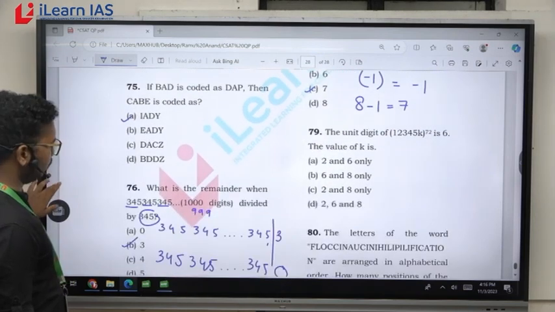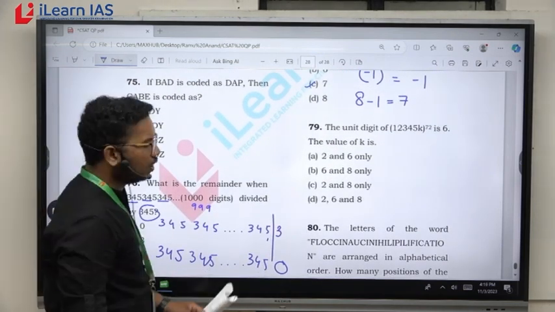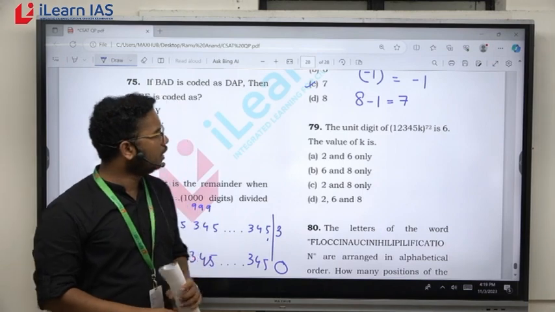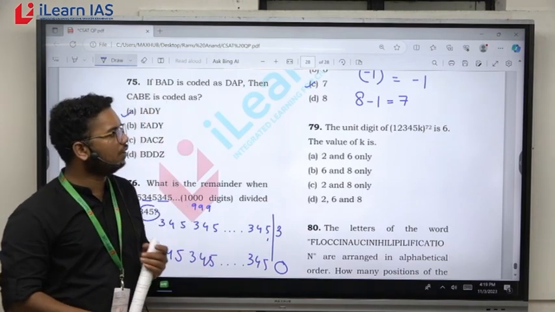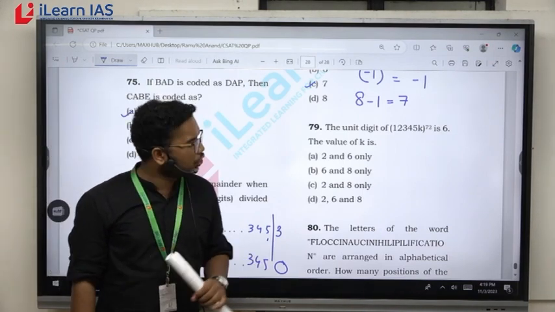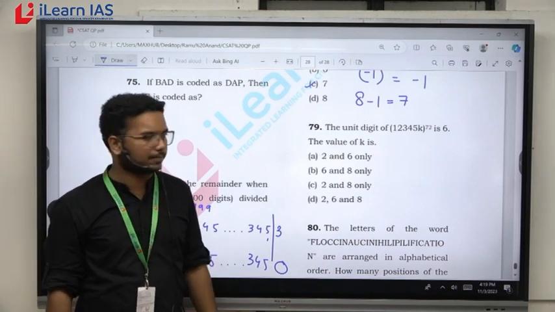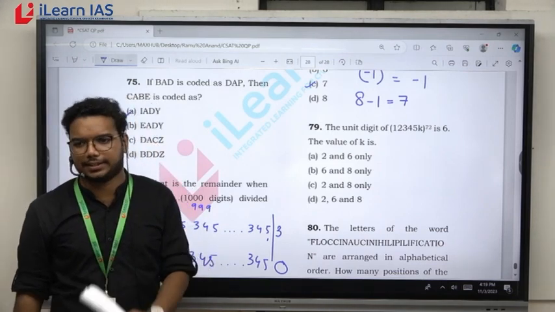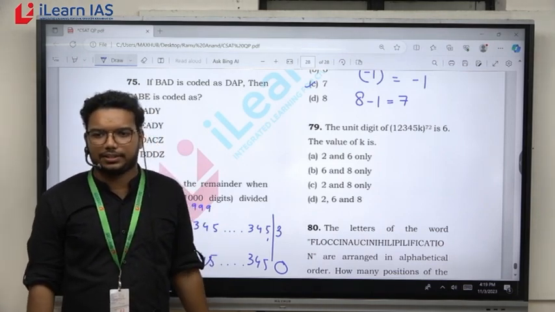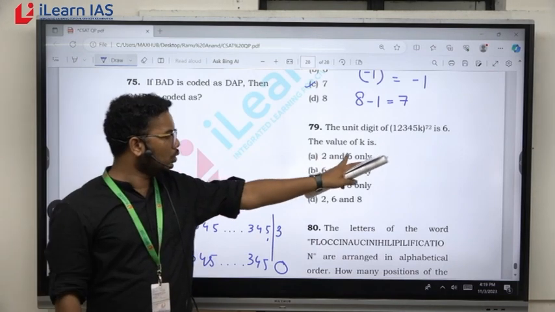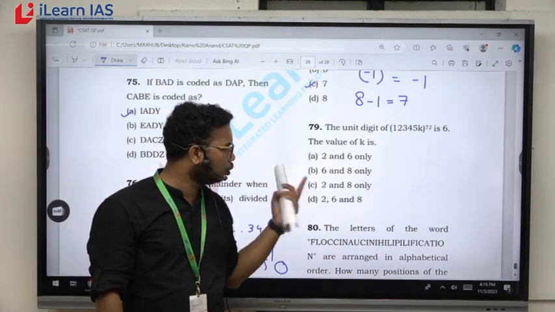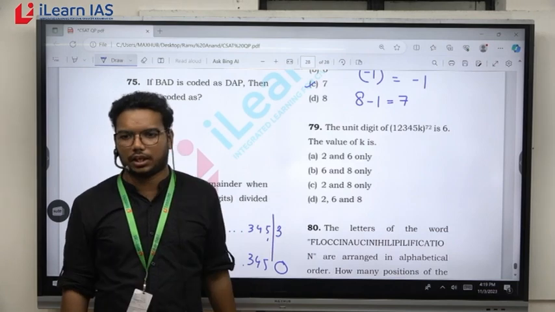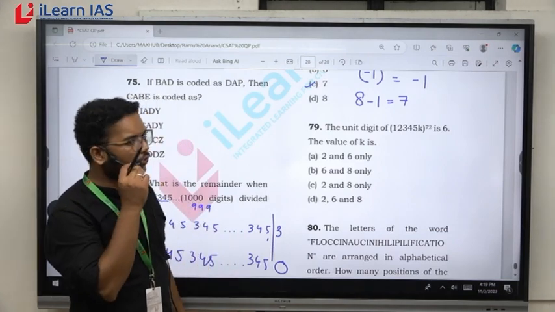Now 79. The question is, the unit digit of 12345k raised to 72 is 6. The value of k is 2, or 6, or 8, or their combinations? First, let's check for 2.